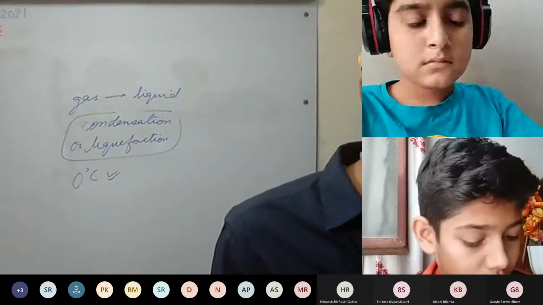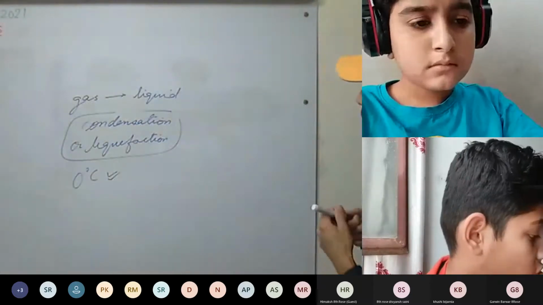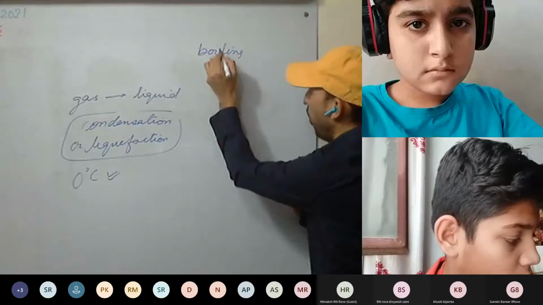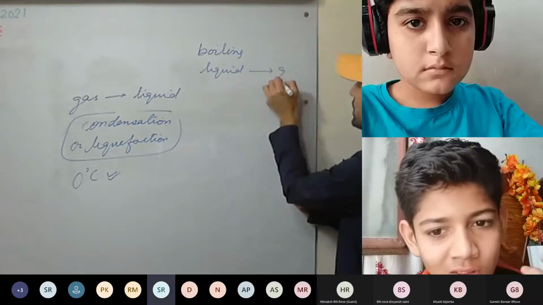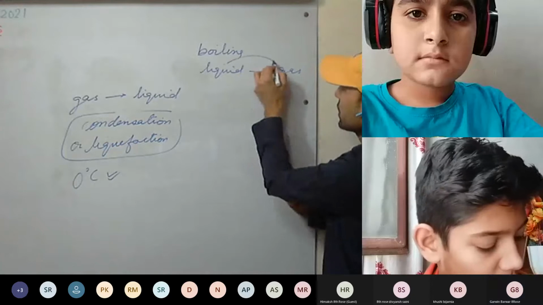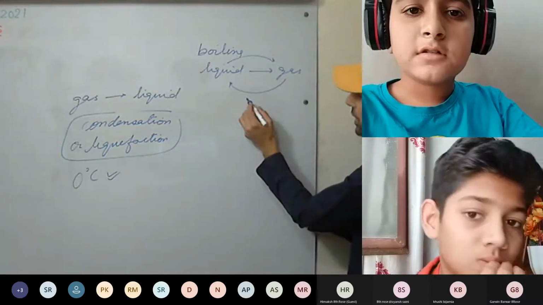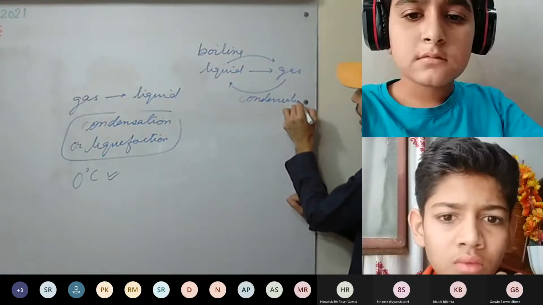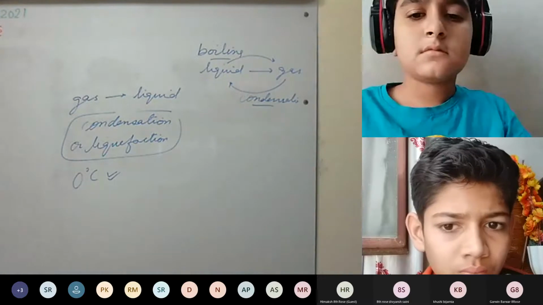How are boiling and condensation point of a substance related? Boiling is liquid to gaseous state. Condensation is from gas to liquid. So how are boiling point and condensation point related?